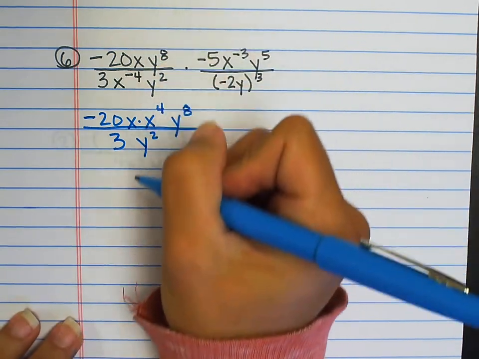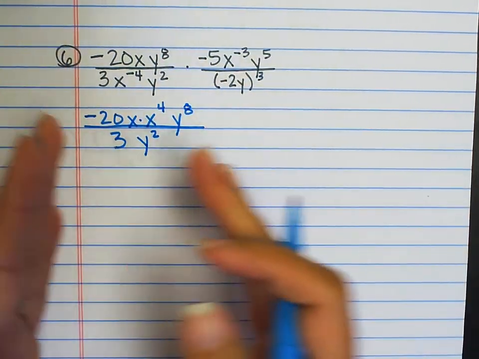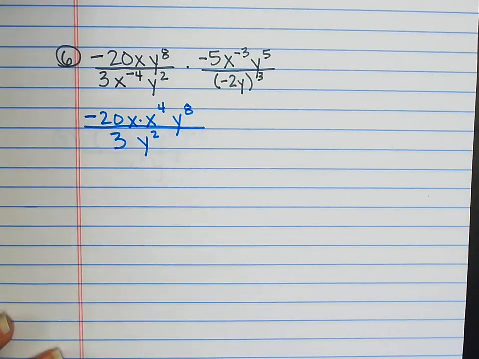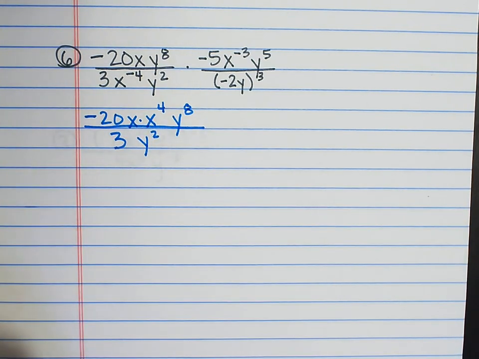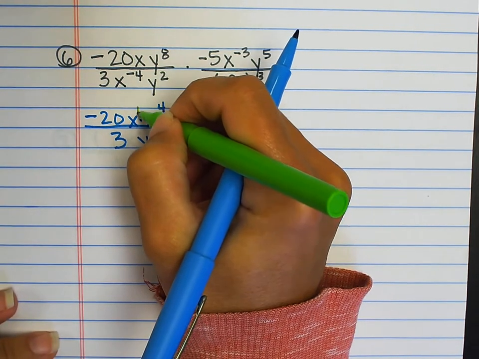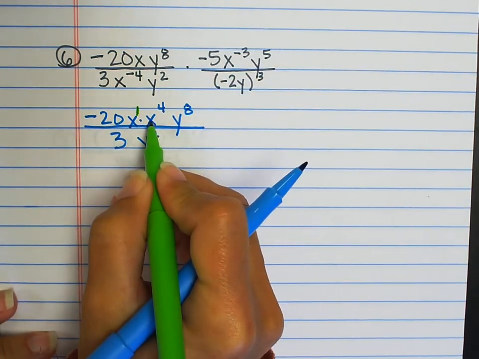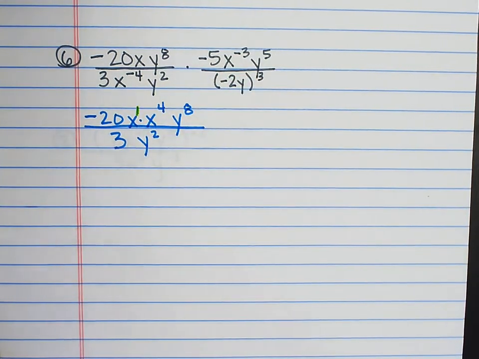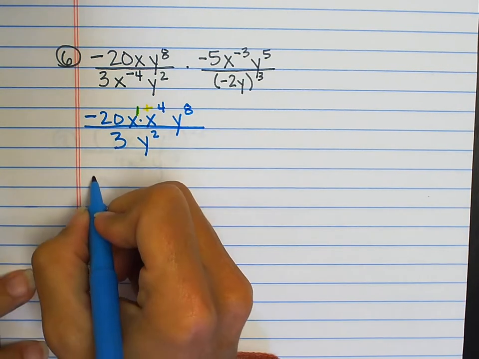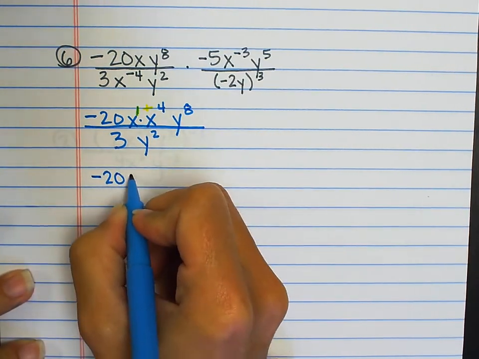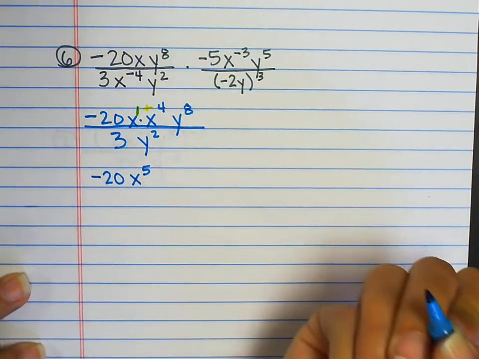And I'm going to work down so we can keep these fractions separate. Okay. So now I have x times x to the 4th. Remembering that this is an x to the 1st, I'm going to multiply powers with the same base, which means I'm going to add my exponents, giving me an x to the 5th. Negative 20, x to the 5th.